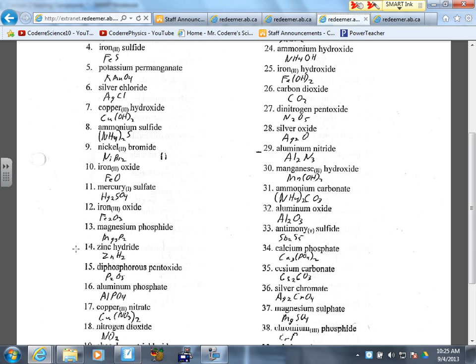That should be AlN, not Al2N3. That's not right. There were a couple of other ones, but I don't remember what they were. If you encounter them, just let me know and I'll go over them again. There were a couple of mistakes that we found in this morning's class.